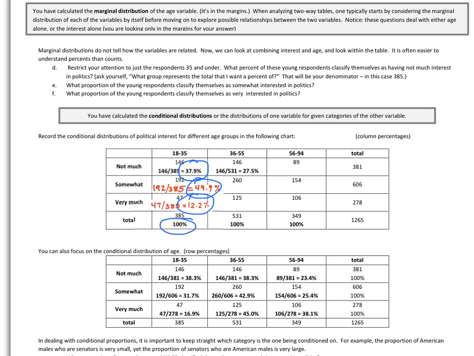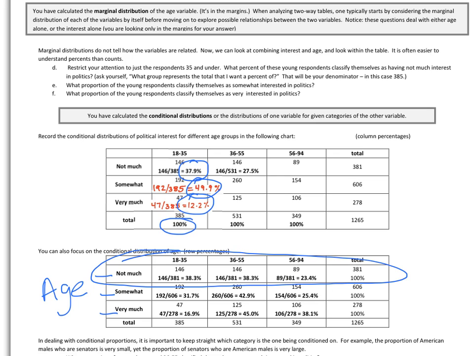And we could continue to fill in the rest of the chart as well. Notice if we look at the column for age 36 to 55, all of these answers should have the denominator 531 because we are only focused on the 531 people that were 36 to 55. Now you could also focus on the condition of age on each of our three political interest groups. Here we will no longer be looking at columns, but looking at rows.